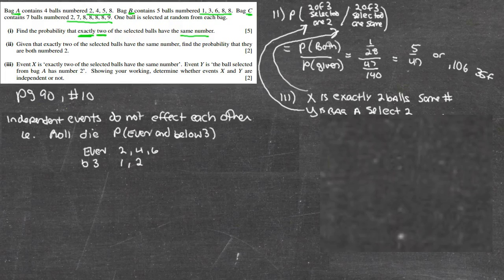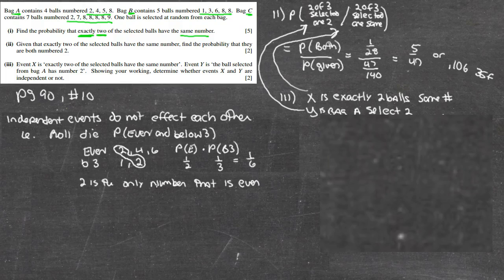Now, if I find the probability of an even, that's going to be 1/2. And if I find the probability of below 3, that's going to be 1/3. If I multiply them together, I get 1/6. If I try to do this intuitively, you'll notice there's only one number that meets both criteria, the number 2.